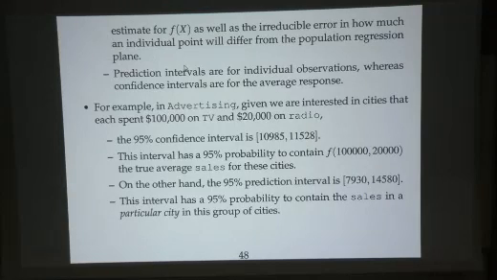For example, in the advertising data set, we are interested in cities that each spend $100,000 on TV and $20,000 on radio. So you are interested in f(100,000, 20,000), and the confidence interval is 10,985 to 11,528.